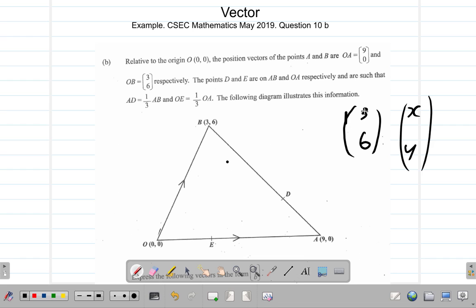Positive 3 means you move 3 places to the right, turn the corner, then move 6 places upwards. Positive 6. You would end up the same place right here. You see that?